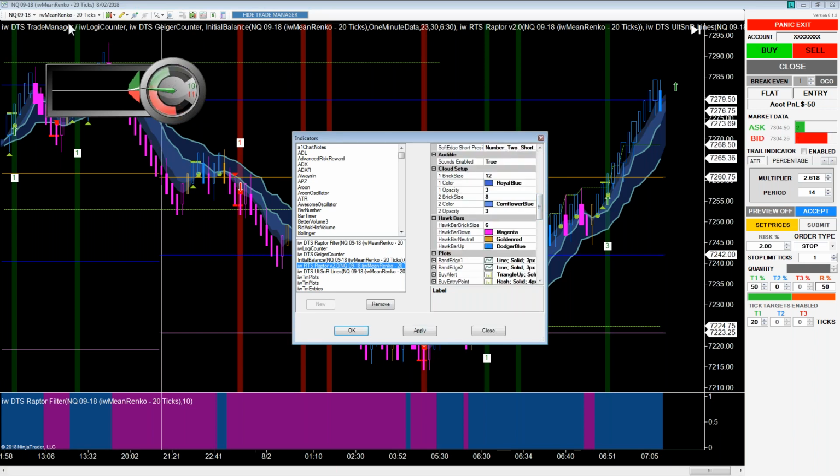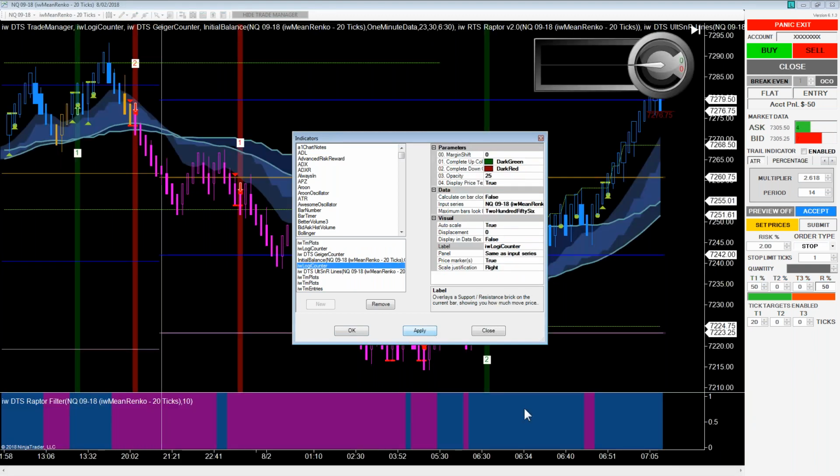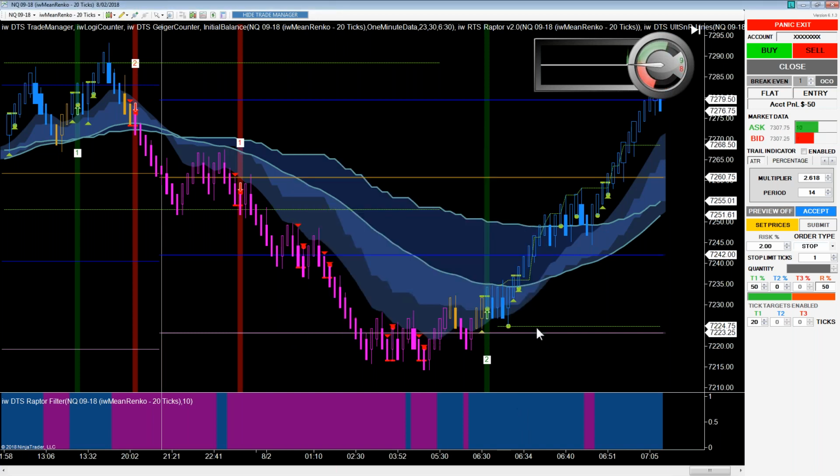Okay, so the fast cloud is going to be the same as my brick size, so that's 20. My slow cloud is 1.5 times, so that's 30. And my hawk brick is 75%, 3/4, so that's 15. And look at that.